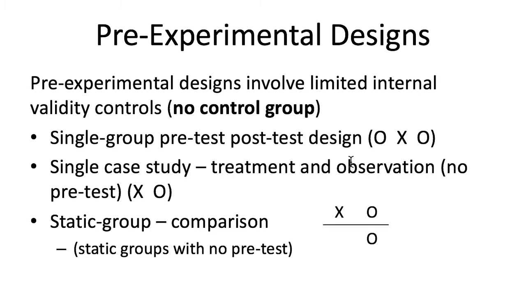I just wouldn't have a control group. I could have a single case study where I give a treatment and look at some kind of observation without a pretest. Or I could have a static group comparison where I look at some people who got the treatment and what they're like, and people who didn't get the treatment and what they're like. Again, in this case, there is no pretest, and so there is no real control regarding the effect of the treatment on each one of the groups.